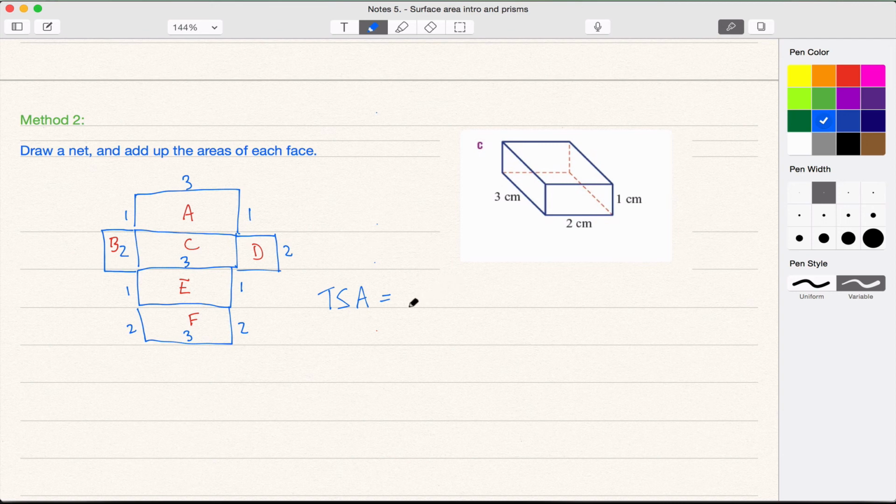And then I can use this formula. Total surface area will equal the area of A plus the area of B plus C plus D plus E plus F. Area of A is 1 times 3.